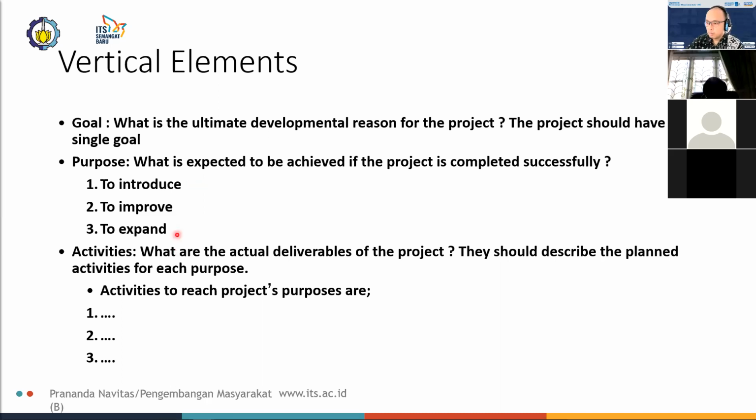Another purpose might be to expand an operation, or to expand a certain influence. If there is an influential community, I don't really have an illustration for that. But for example, the expansion of a community's economical activity.